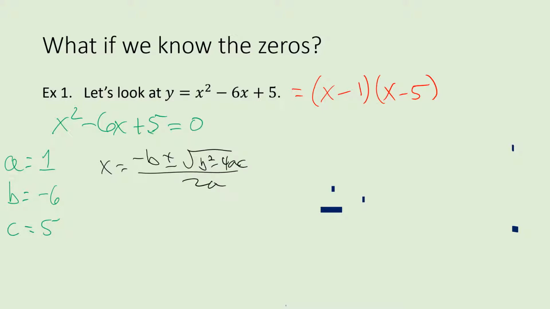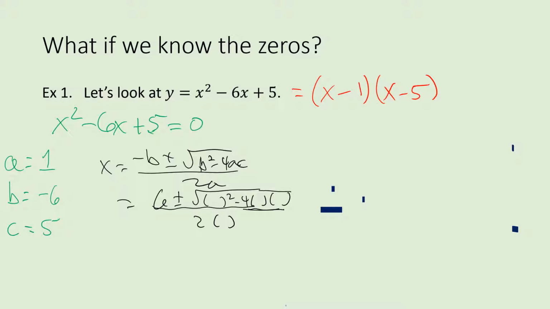I'm going to do this quickly and try to do it small so it fits on the screen. The opposite of -6 is positive 6, plus or minus the square root. Once again, what I substitute in, I'm going to put in parentheses.